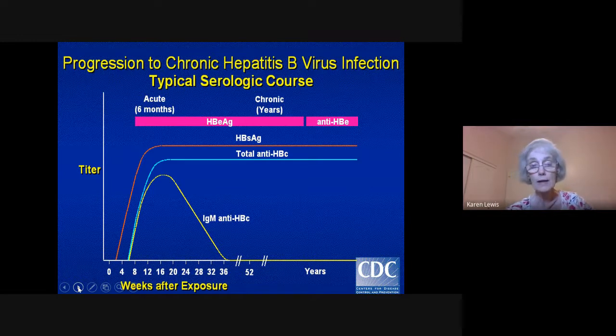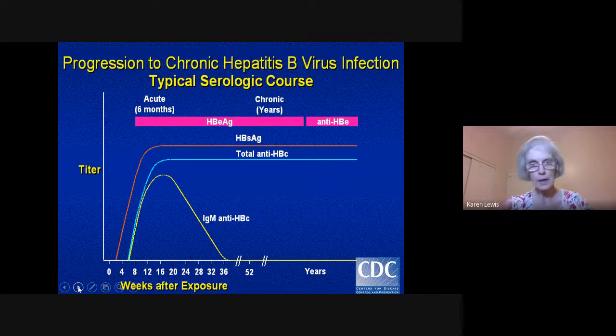The antibody to core antigen, you have the IgM that comes up, and that goes away with time, usually by 6 to 9 months. But the antibody to hepatitis B core antigen persists.